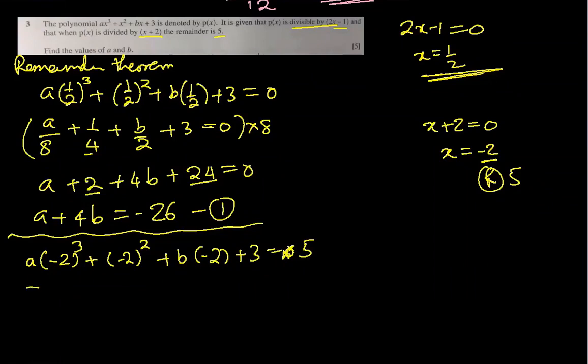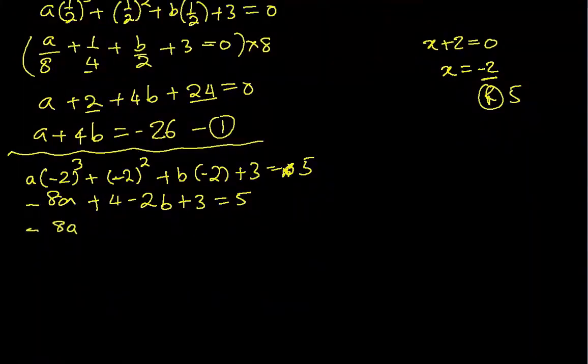Okay, minus 8a plus 4. This negative will become positive because of the square. Minus 2b plus 3 equal to 5. Minus 8a minus 2b plus 7 equal to 5, and if I bring this 7 to the right side, we get minus 8a minus 2b equal to 5 minus 7, minus 2.